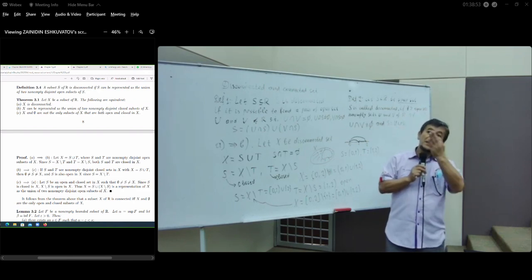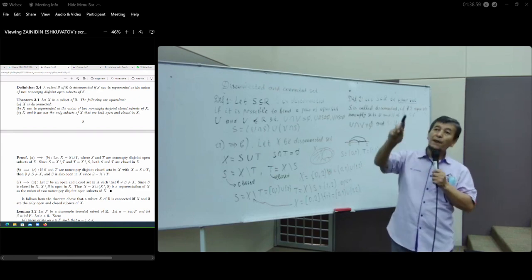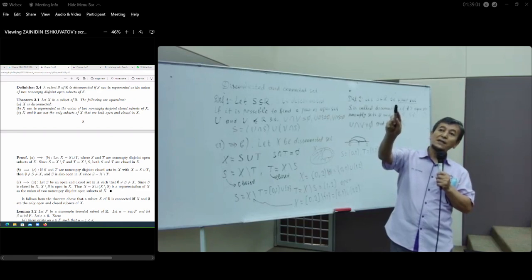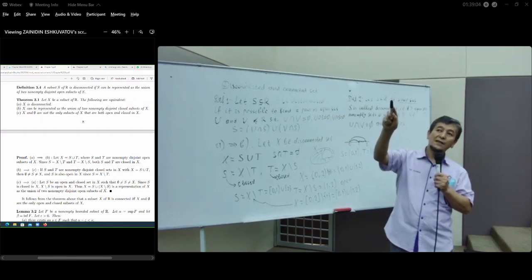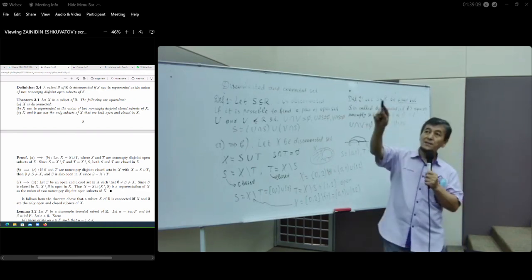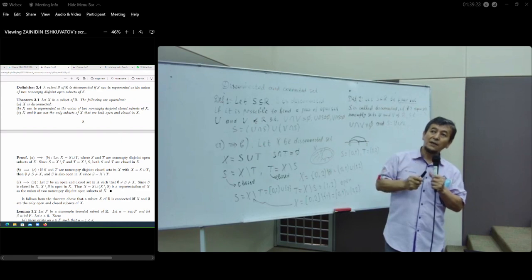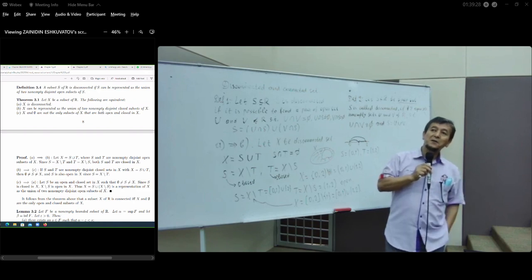Now from B to C, I think it's okay because B says if S and T are non-empty disjoint closed sets in X with X equal to S union T, then S is not empty and is not X, and also S is an open set in X, since S is X minus T. You see, X is a disjoint set.